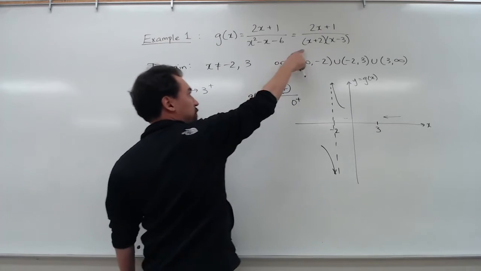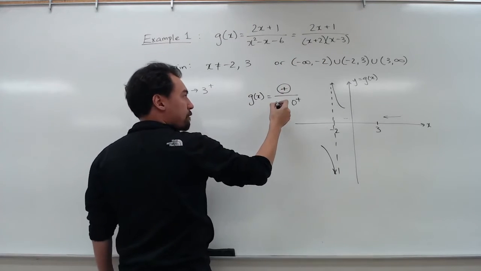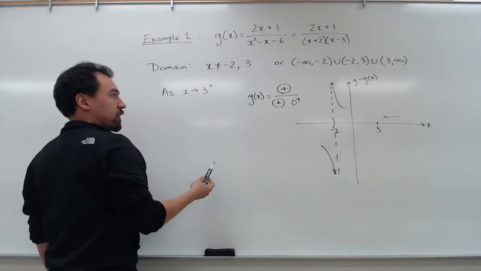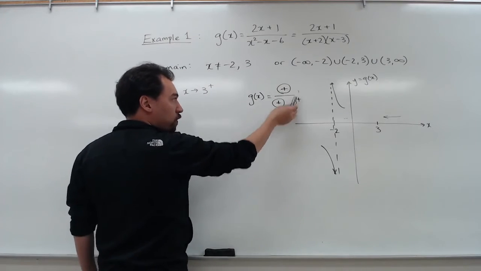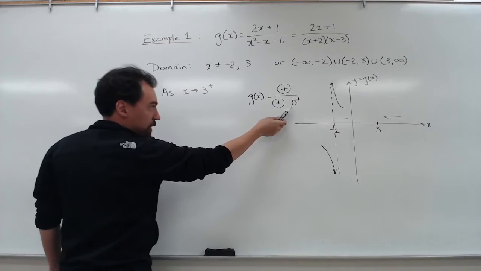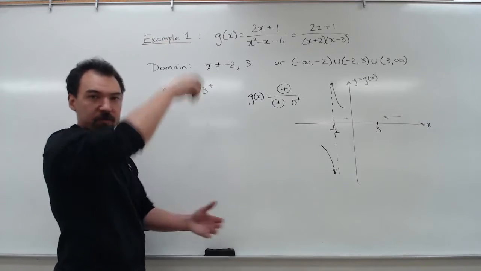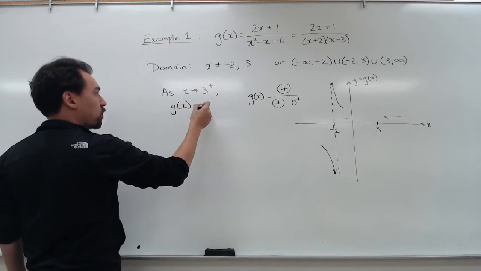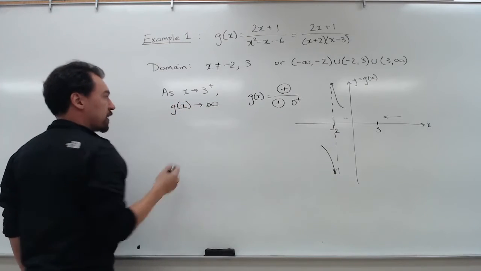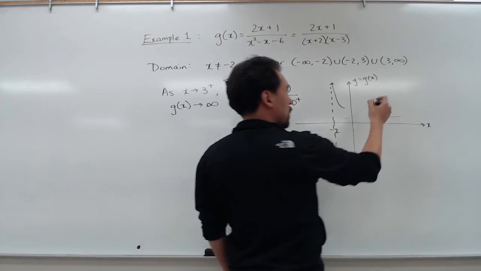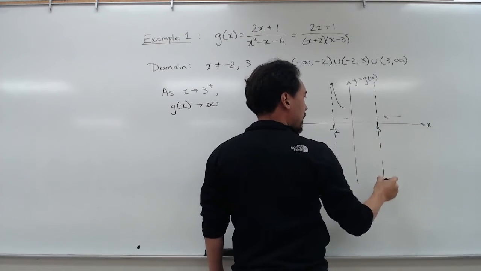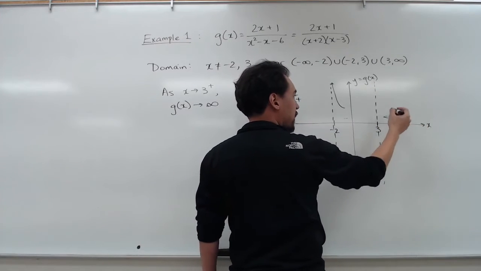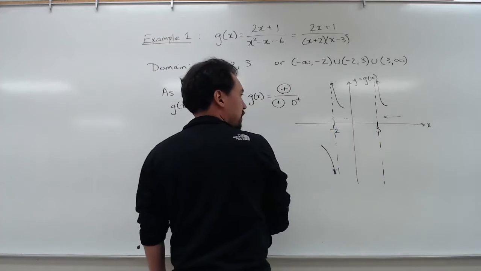And then close to 3 plus 2 is close to 5, a positive number. What I care about is, overall this is a positive number, but since I'm dividing by close to 0, my answer is very big, positive. So g of x is going toward positive infinity. So the behavior here, once again, I have a vertical asymptote, and as I come from the right, I'm approaching positive infinity.